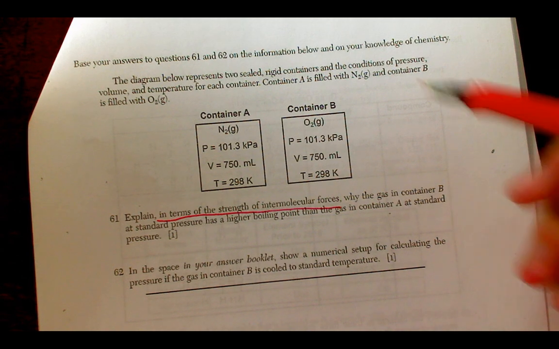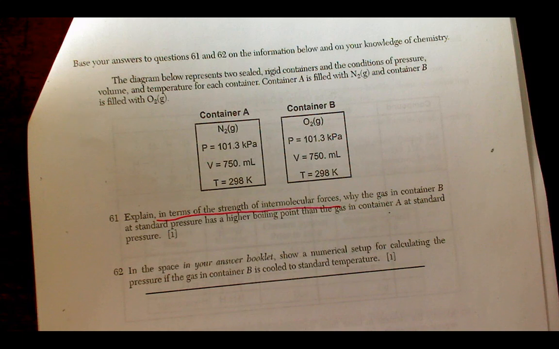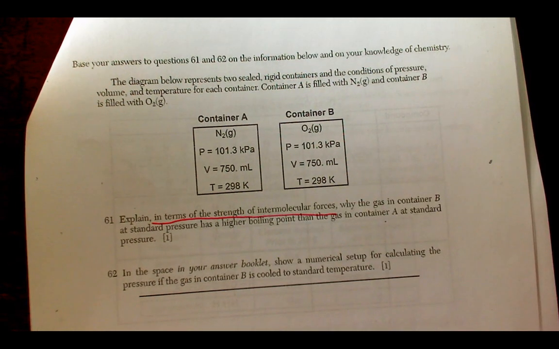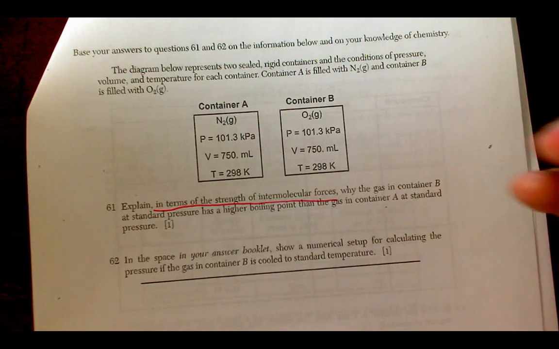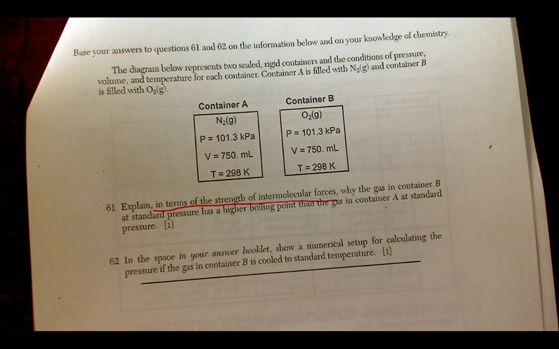So the stuff in container B, oxygen, needs to absorb more energy. You need to give it more heat to get it to become a gas. Why would it need to absorb more heat in terms of its intermolecular forces? Sample B is holding tighter to itself. The attractions in O2 are stronger. The intermolecular forces between O2 molecules are stronger, meaning you have to give it more energy.